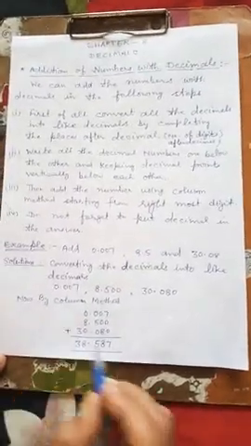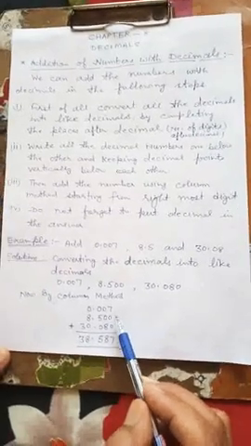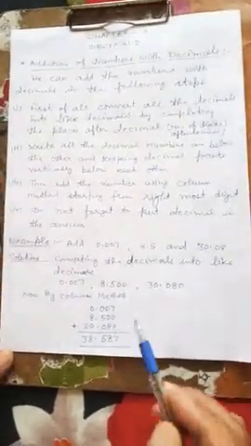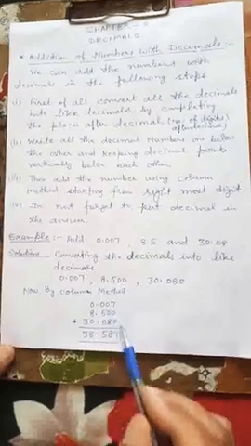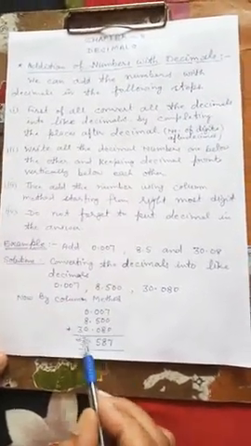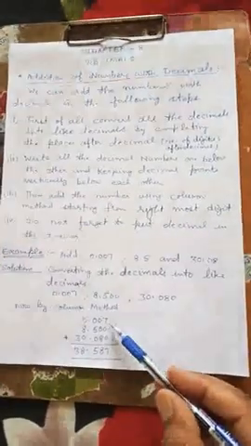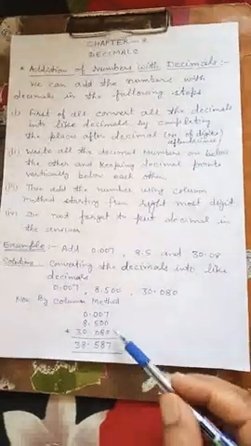by column method. First we will write them vertically in a line. 0.007, 8.500, 30.080. Now we will add the digits of the same place.